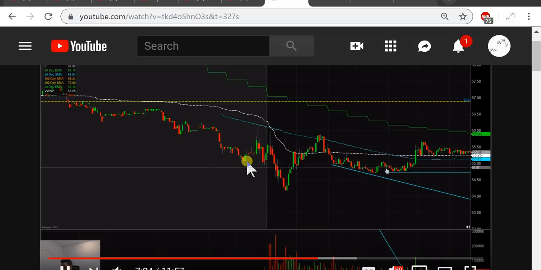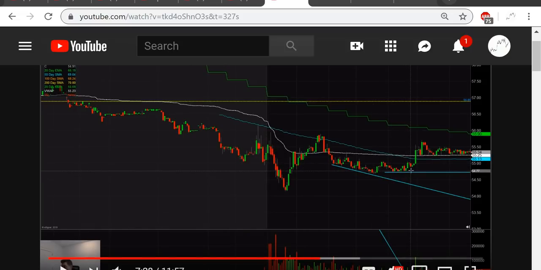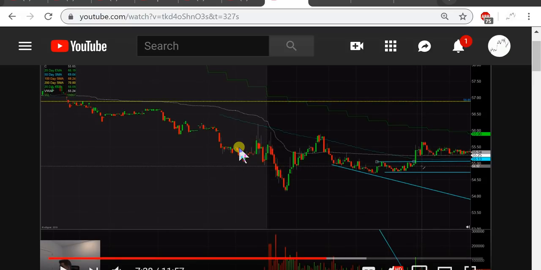Okay, so what I did is I sat tight here for a minute to see if we were just going to consolidate and break down. That's the fourth time he sat tight. But once we came back and we made a new pivot high, which was essentially back above this pivot right here, which again was 55. But there's like every bar's a pivot, really. Be honest with yourself. I was going to exit the trade.